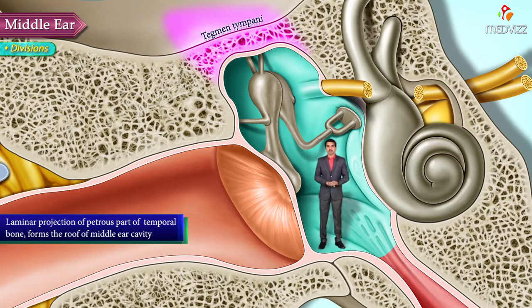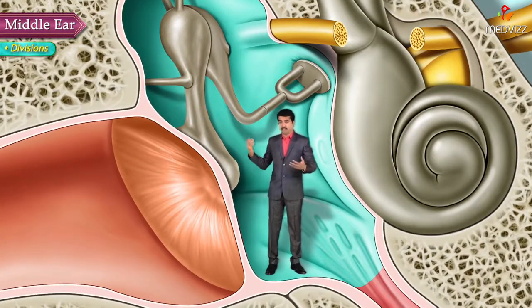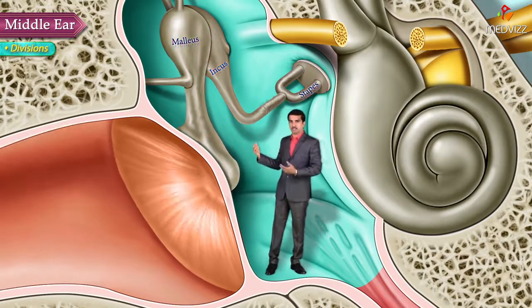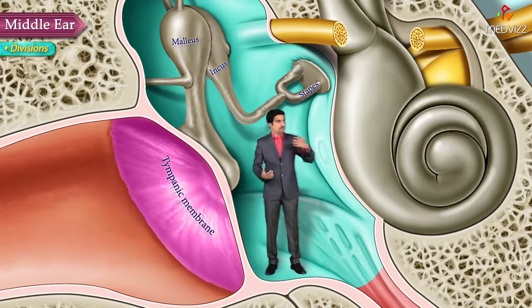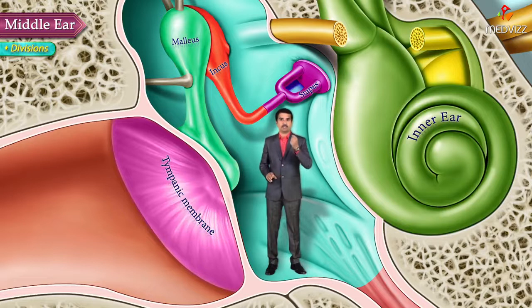And the middle ear contains three important bones, the malleus, incus and stapes, which transmit the sound vibrations from the tympanic membrane extending towards the inner ear by means of these three important tiny bones present in the middle ear.